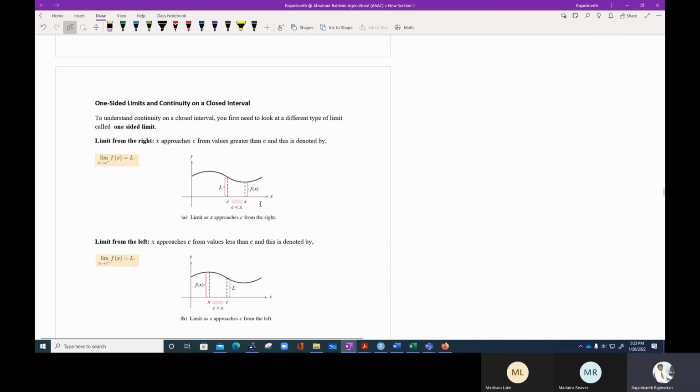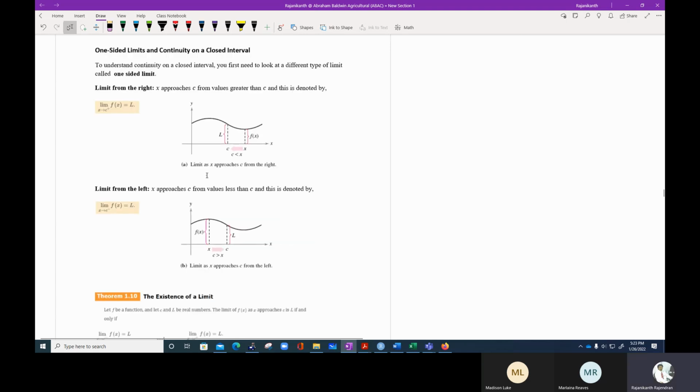But this is a one-sided limit. If you see a plus or minus sign in the superscript, then we call this a one-sided limit. We use this notation. That means x approaches c from the right side.